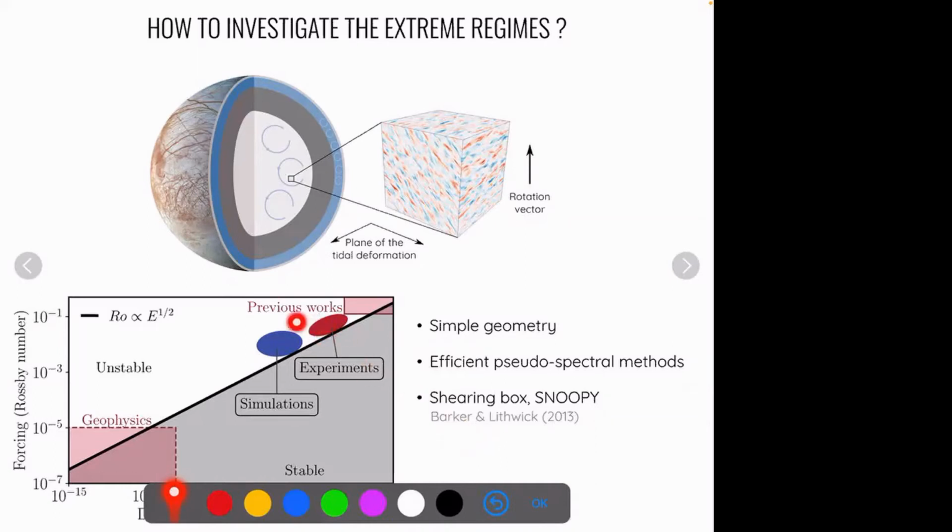Okay, and again, we make a small leap from the experiments towards geophysics with simulations, but I will show that this small leap will also allow us to understand a lot regarding those flows.